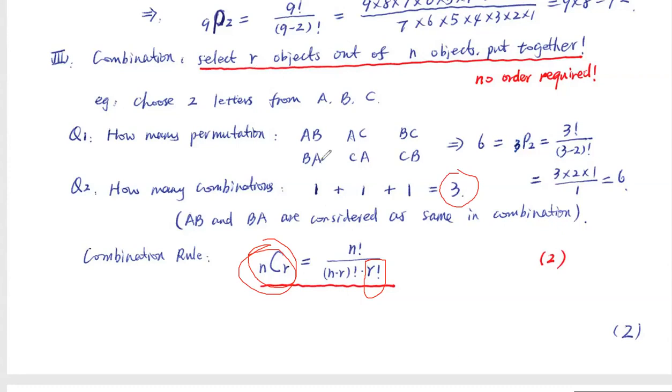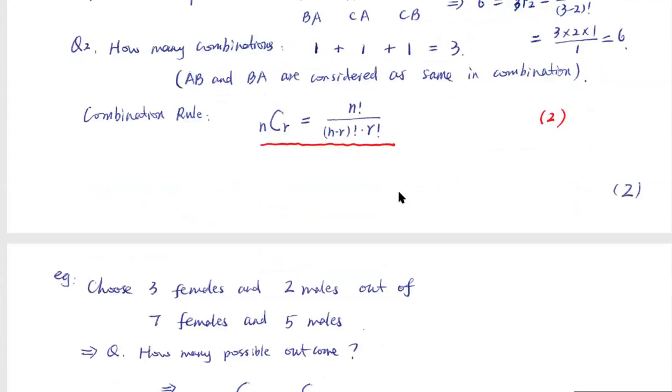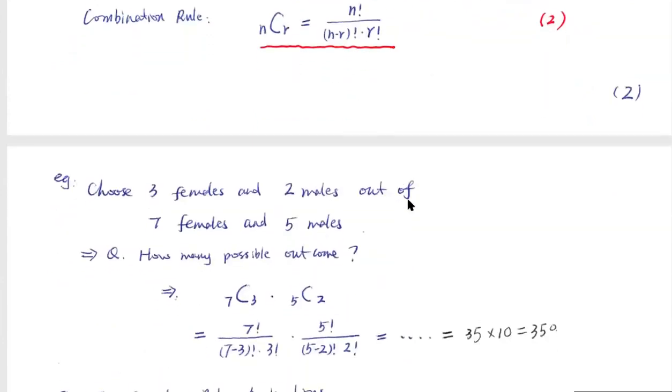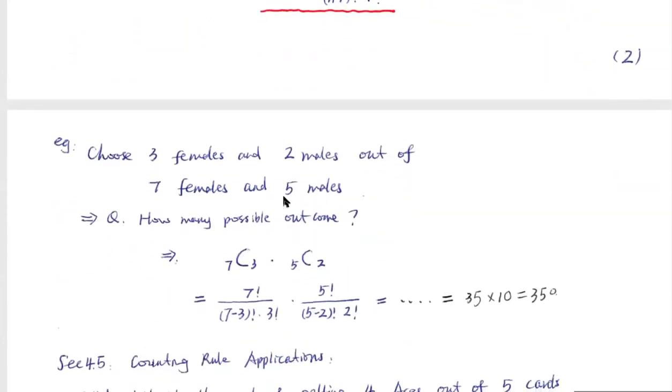Now let's continue. Let me erase this. All right. A simple example here: say we want to select 3 females out of a total of 7 females, and then select 2 males out of the 5 males.